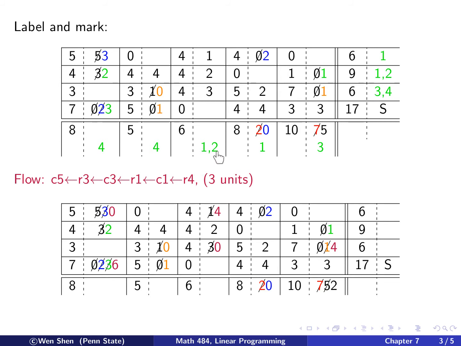Then there's marked 1 and 2. Let's pick row 1. Then let's go to row 1, and it says it has to come from C1. Then I put C1. Then let's look at C1, and it says it comes from R4. So there is this completed flow that will carry things over.